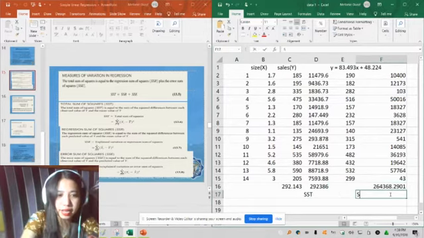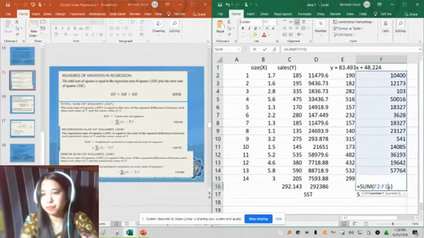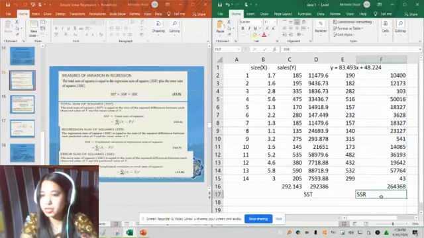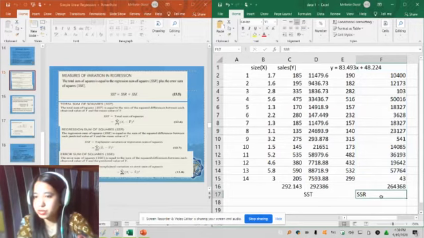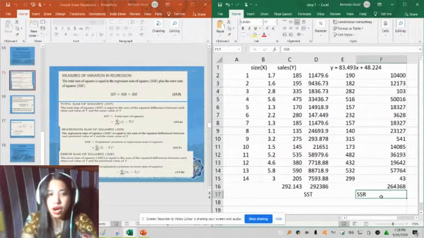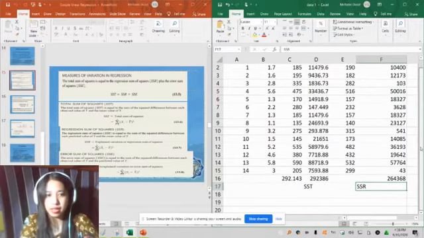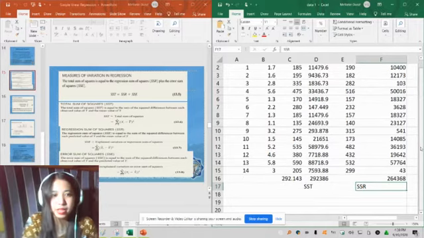So this is the SSR. The SSR is 264,368, while the SST is 292,386.